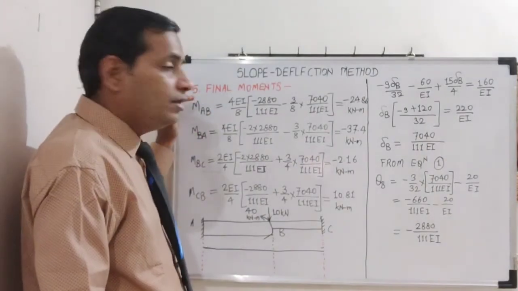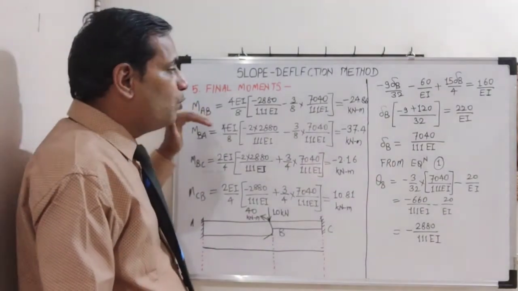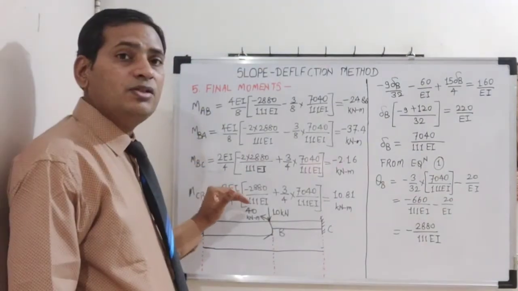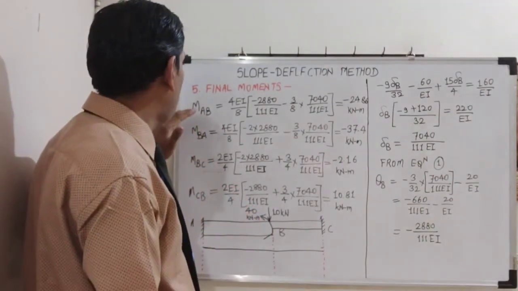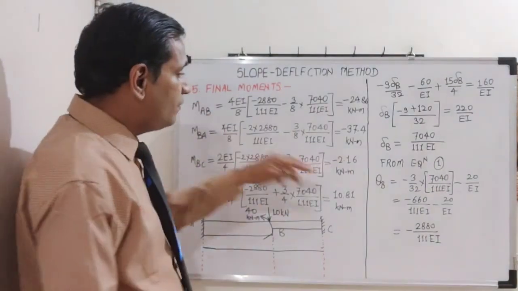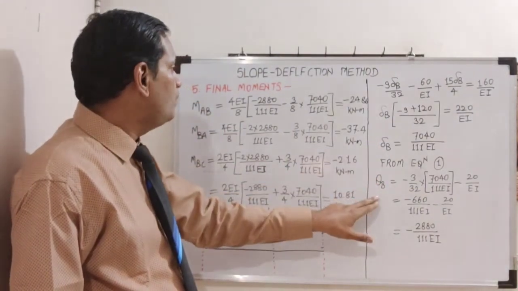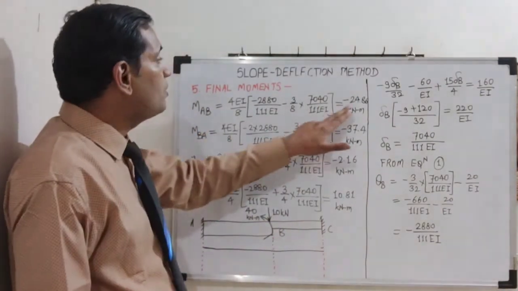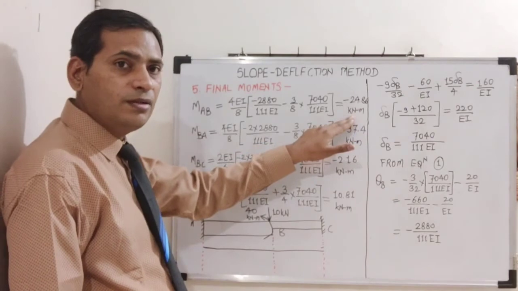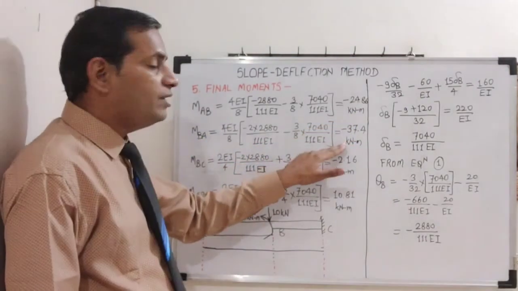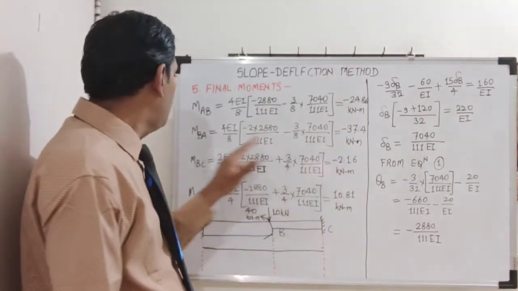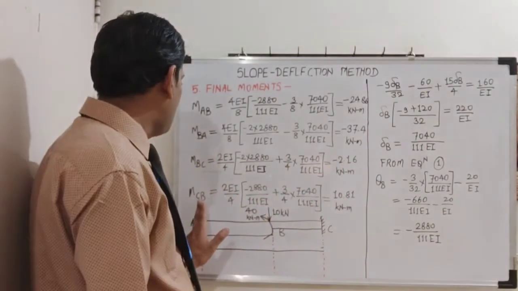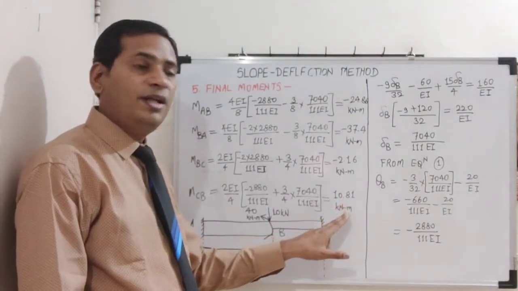Now we will see what the final moment values are. I have taken these equations from step number 3, slope deflection equations. I have substituted in that step the values of theta B as well as delta B along with their signs, and we can see that MAB is minus 24.86 kilonewton meter, then MBA minus 37.4 kilonewton meter, MBC minus 2.16 kilonewton meter, MCB is plus 10.81.